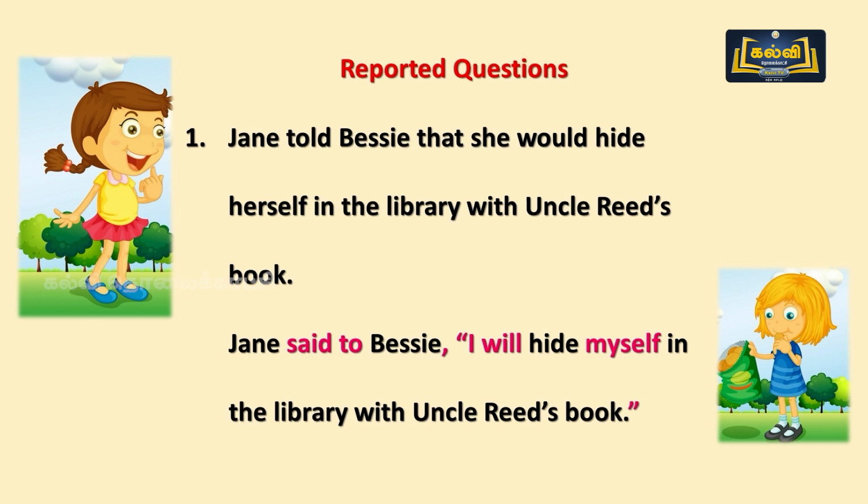So first person, when you denote, "I will hide myself in the library with Uncle Reed's book." Now you have changed the indirect speech into a direct speech. So the first sentence is in assertive form. It is a given statement.